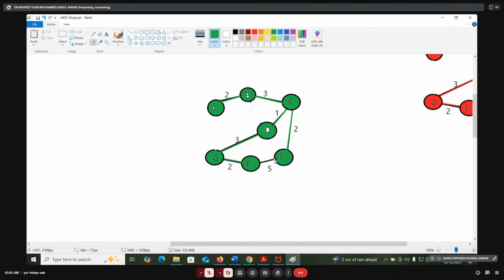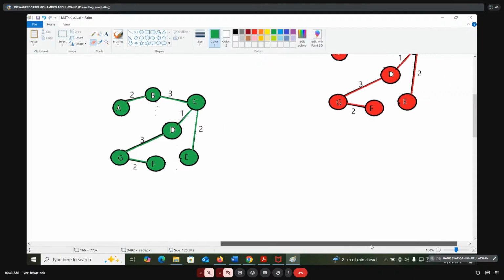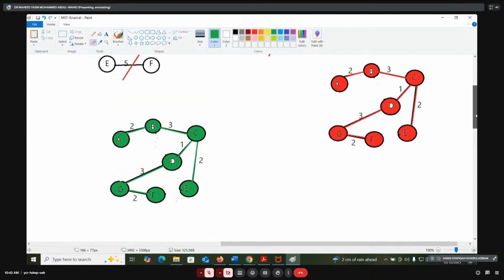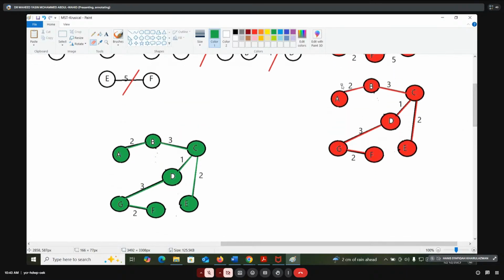This one, no need. So look, compare this and this figure. It is the same, okay? A, B, 3, A, 2. So this one is the same. So this is the answer using Kruskal's algorithm.